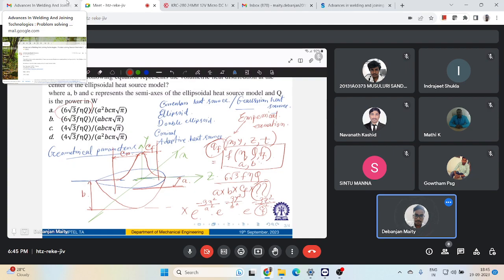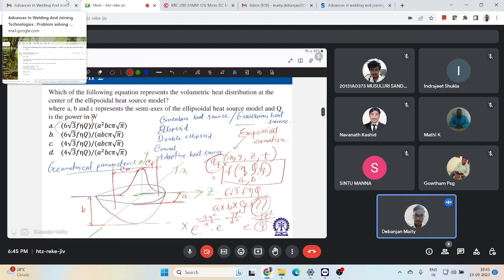Now, what does it ask? Which of the following equations represents the volumetric heat distribution at the center of the ellipsoidal heat source model? What will be the distribution at the center?